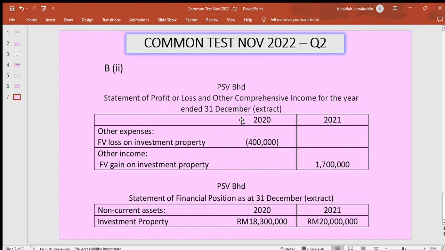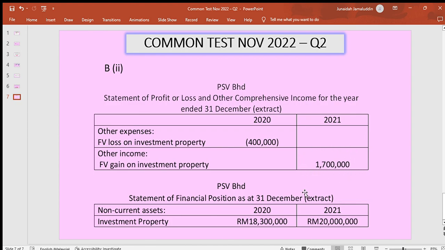You can prepare 2 columns for year 2020 and 2021 like this. So for 2020 we've got a fair value loss on investment property amounted to 400,000, and for year ended 2021 we've got a fair value gain on investment property amounted to 1.7 million.